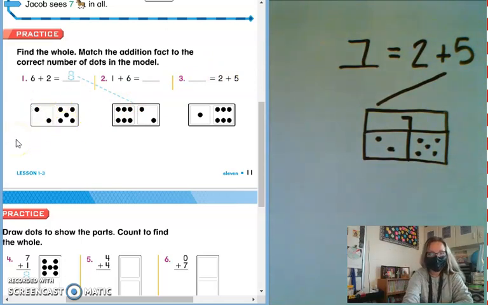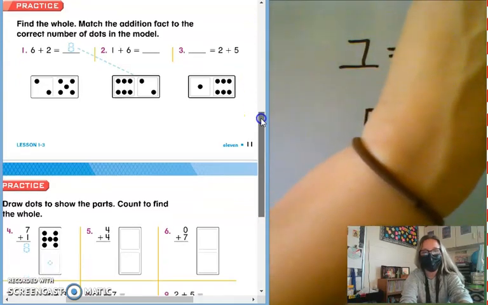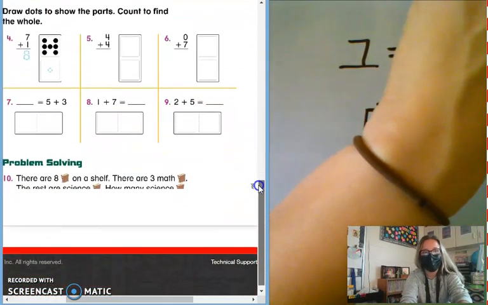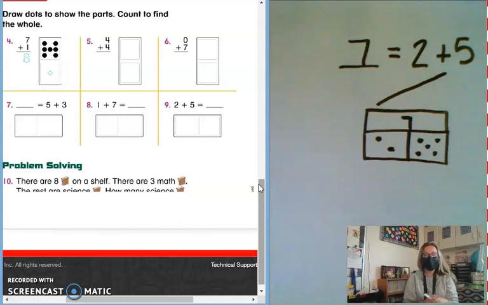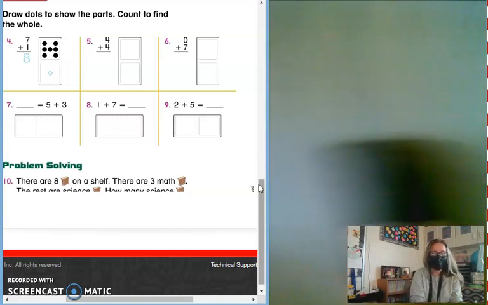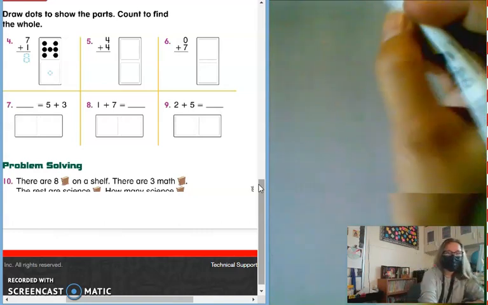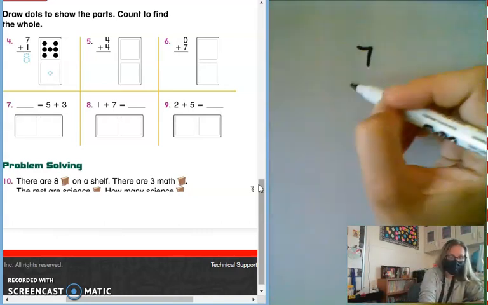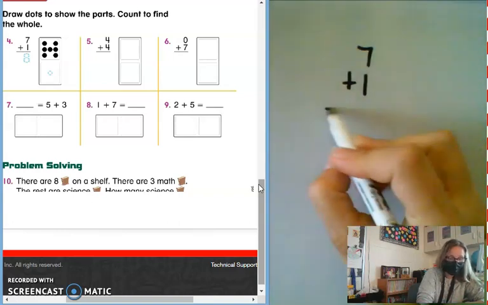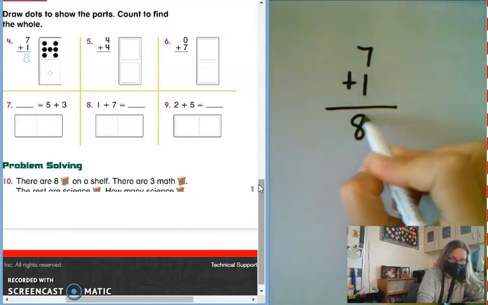Okay? Now if we turn the page, friends, and we go to the top of the next page, now you get to draw in some dots to show the parts and the whole. So number 4 has 7 plus 1 equals, and they told us 8.